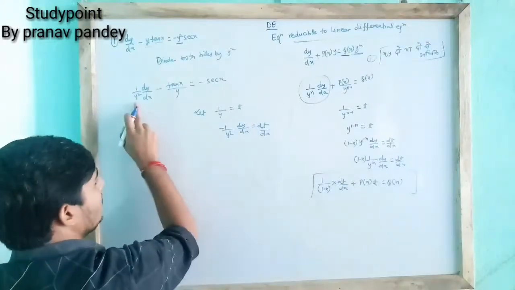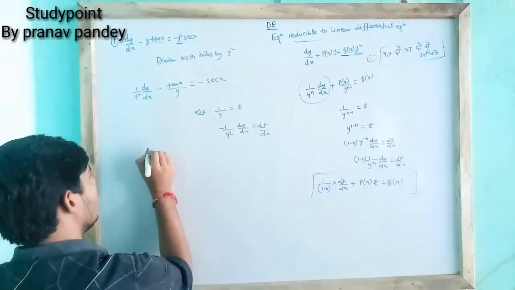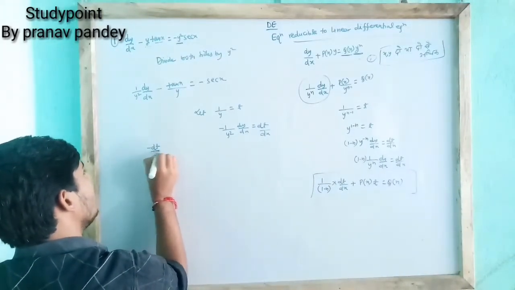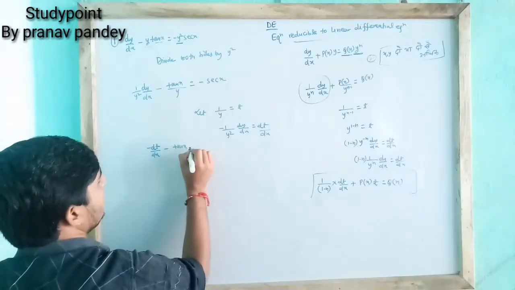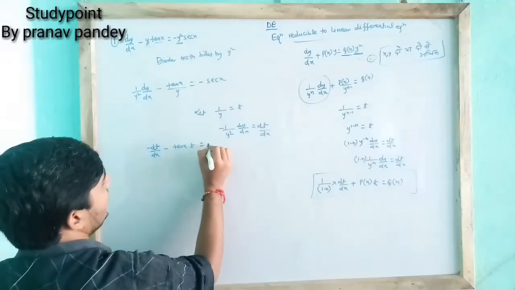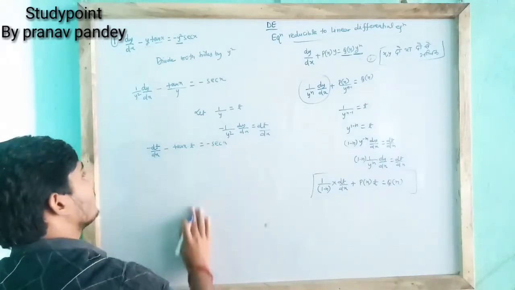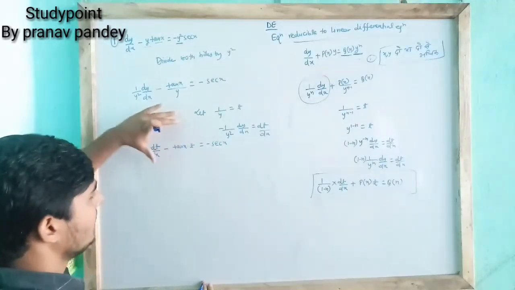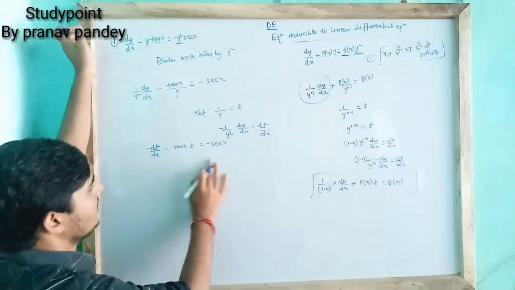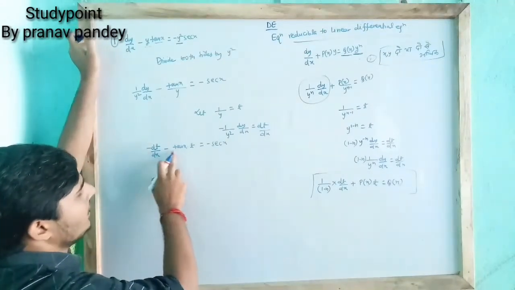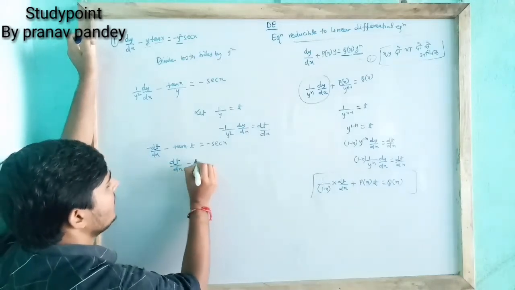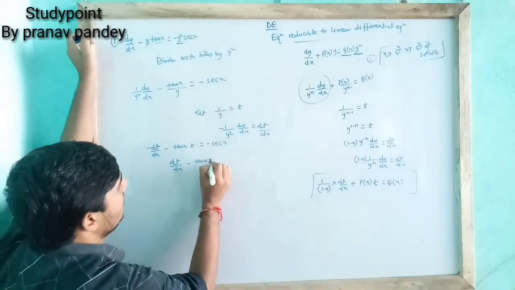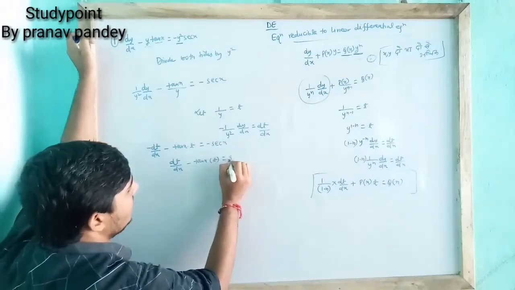So now we will put this value here, so we get minus of dt by dx minus tan x into t is equal to minus of sec x. From this relation, we see that this minus term is common all along, so dt upon dx minus tan x into t is equal to sec x.